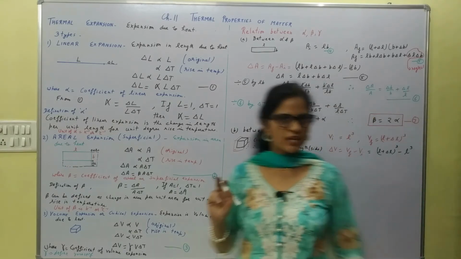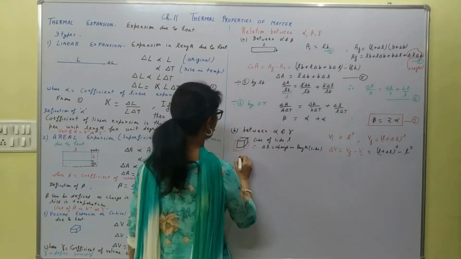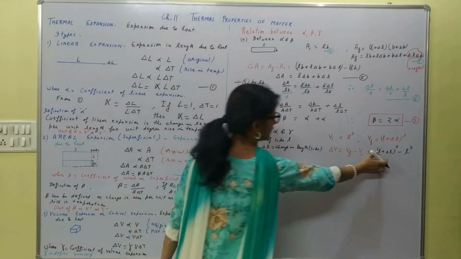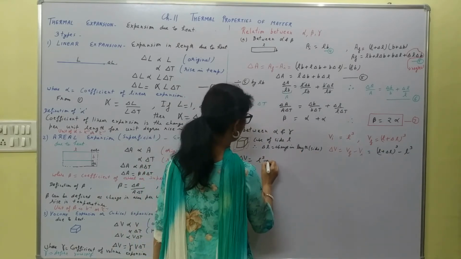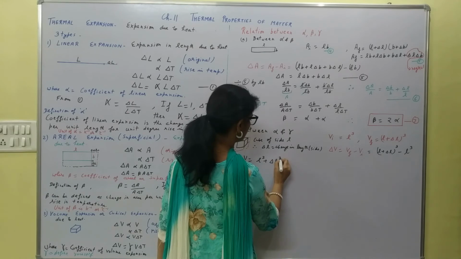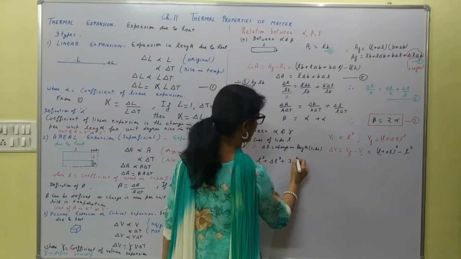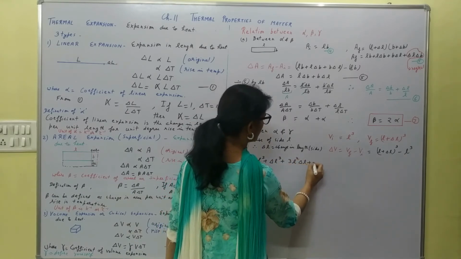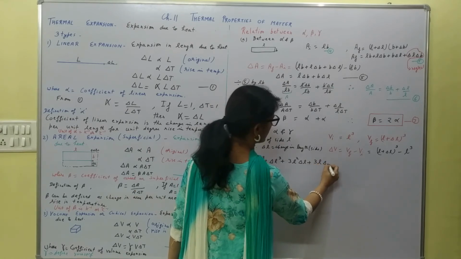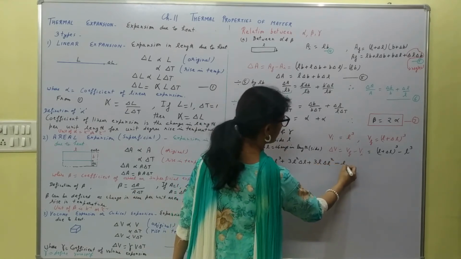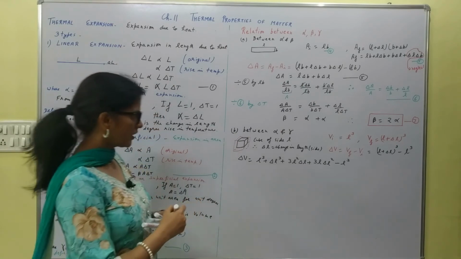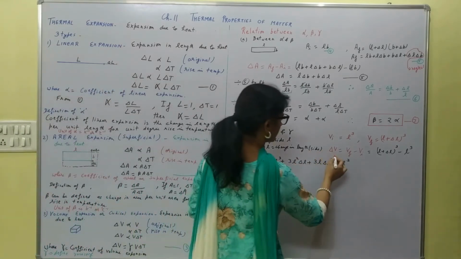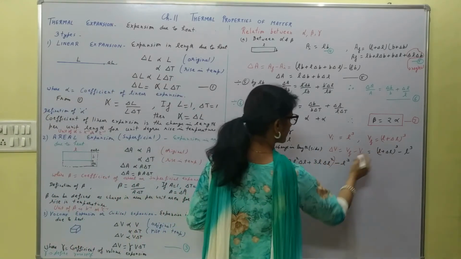Let's solve it by A plus B whole cube formula. Delta V is equal to, this is A cube plus B cube plus 3A square B plus 3A B square, right? And this initial volume is as it is.